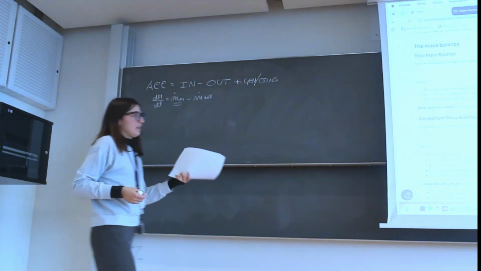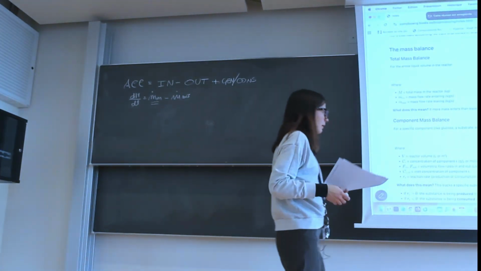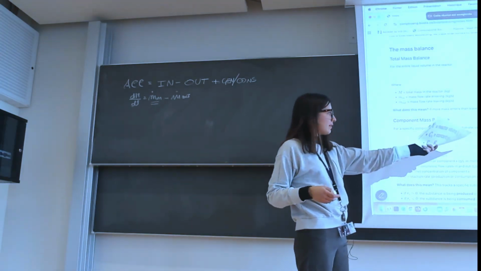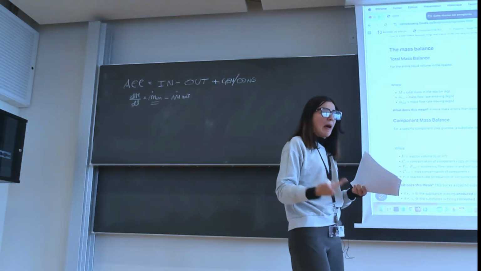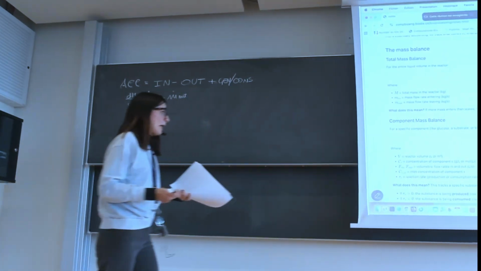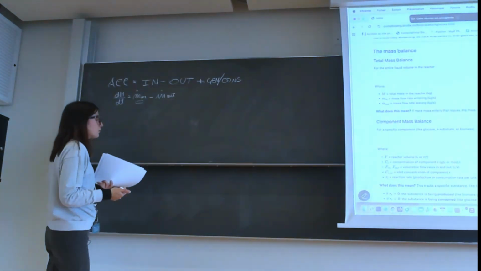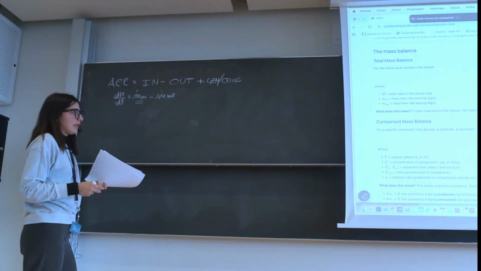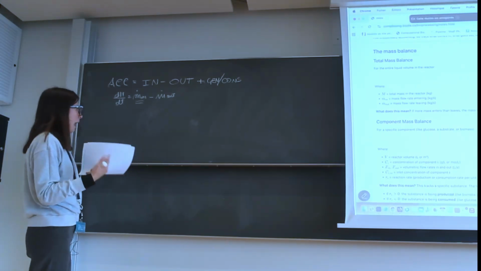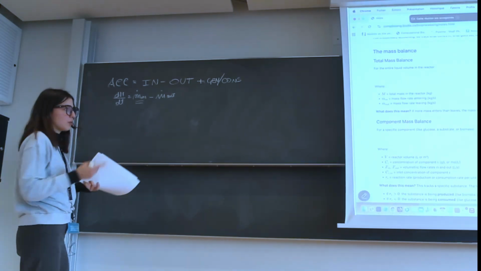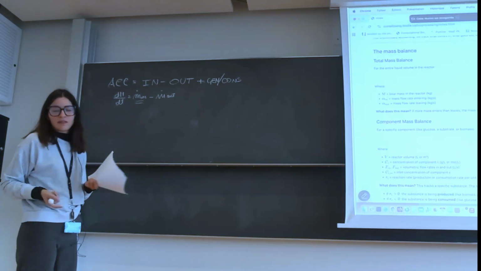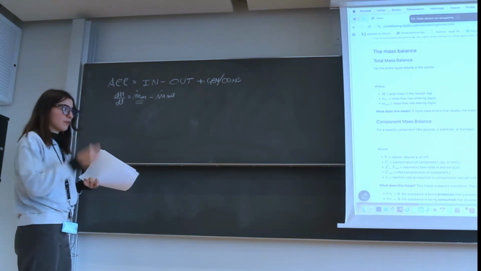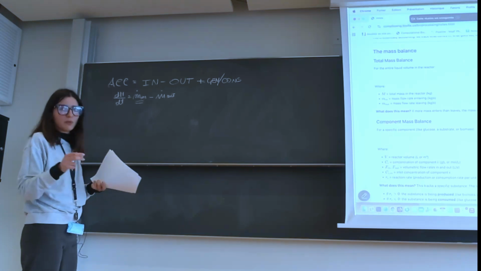In this case, for example, the component can be the substrate, the biomass, etc. And when we have to look at what is happening inside the bioreactor, we have to write one mass balance equation for each component we have.